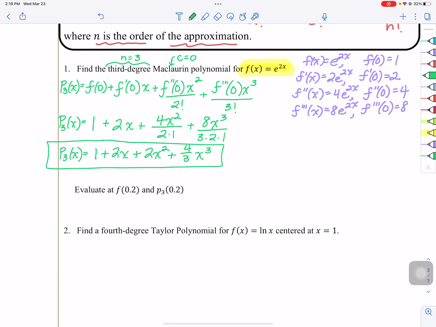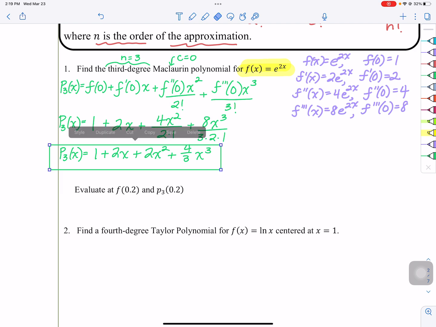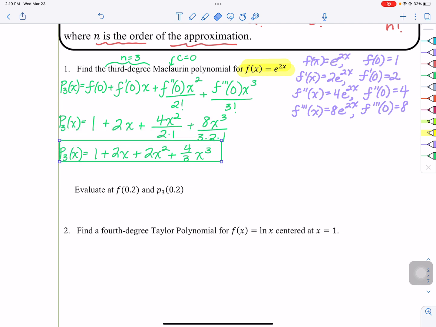And what is this? What is this that we just found? Let's make this square a little bit like that and move it up just a touch. What we found is the approximation. Let's write it right there.